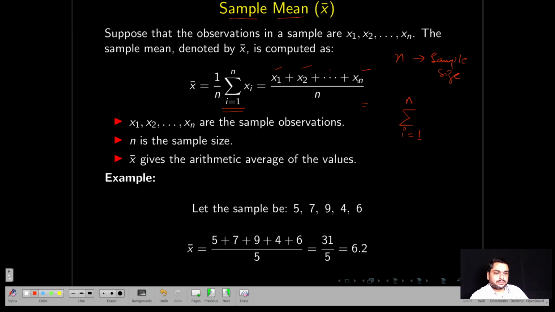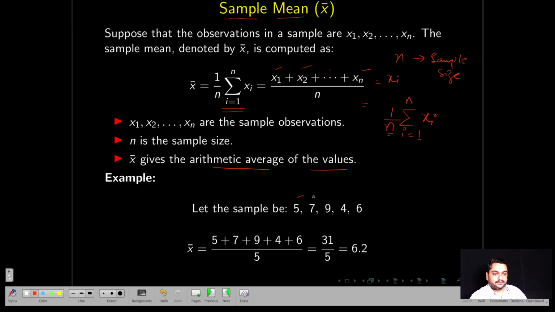Instead of x1, x2, up to xn, I'll just write xi, with i going from 1 to n. And then the average is divided by n, so I'll write it outside. Take the sum and then divide it by n. That is the meaning. So basically it gives the arithmetic average of the values.